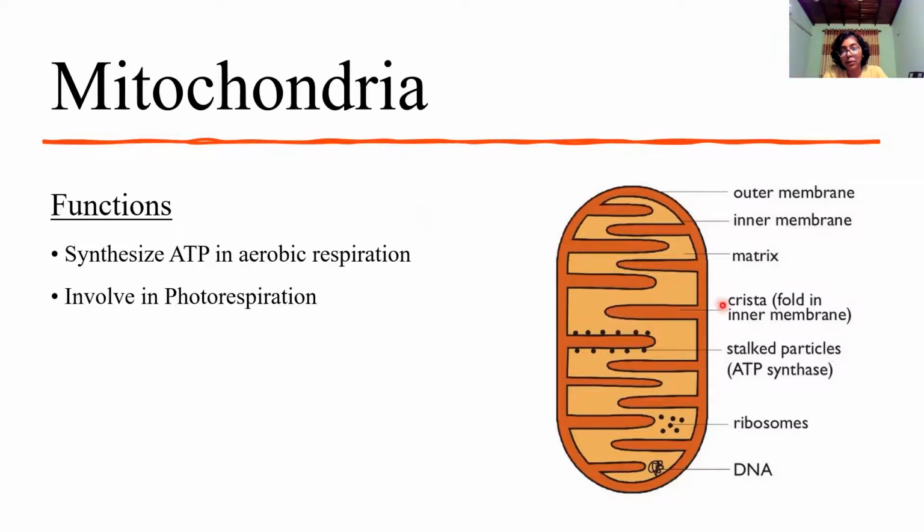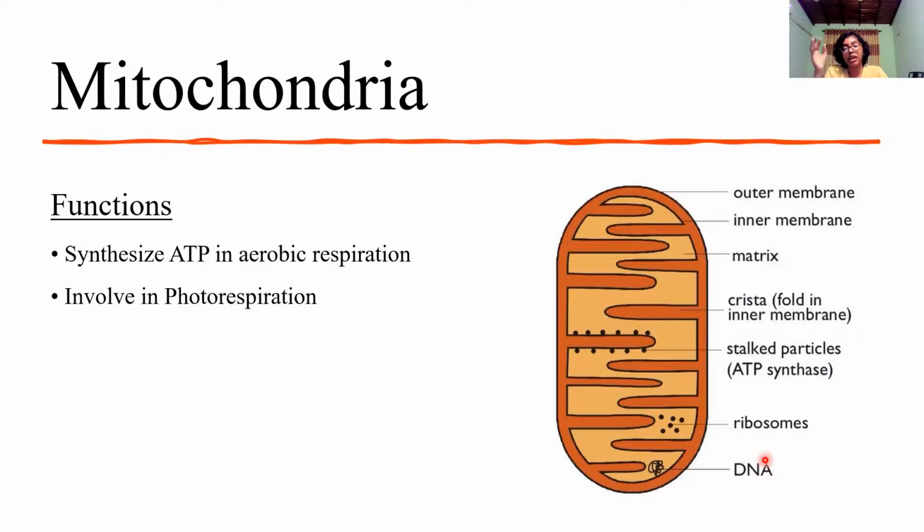This inner folded part is known as crista or cristae. And then inside there is the matrix. Also inside this matrix we can find 70S ribosomes and DNA. But this DNA is circular. That is a difference between the DNA found in mitochondria and in the nucleus.